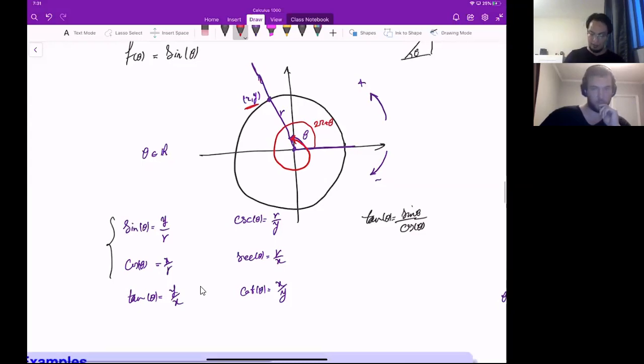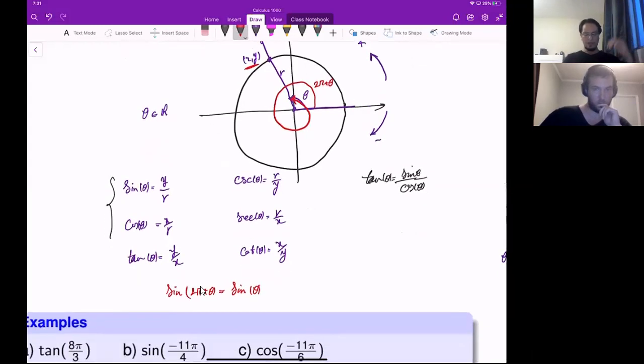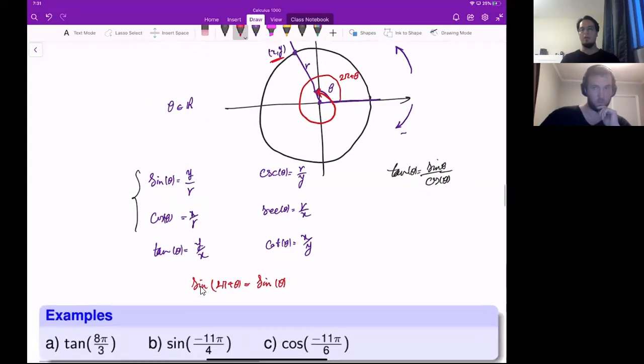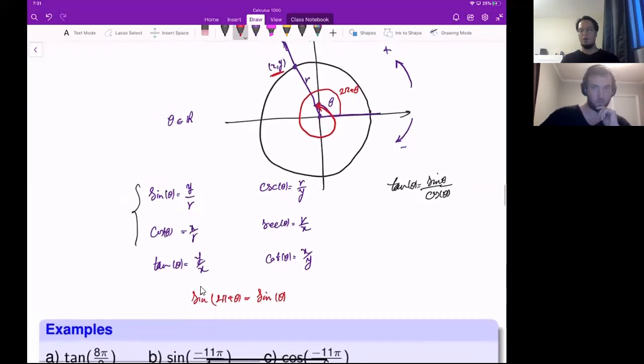That tells me that sine of 2 pi plus theta is the same as sine theta, and cosine is the same. For other trigonometric functions, we have similar things. Are there any questions so far? Nope. Are we good? Yes.